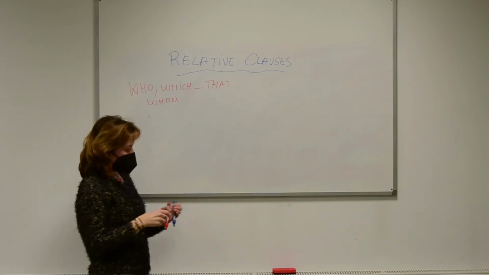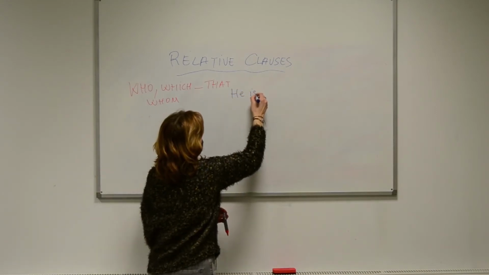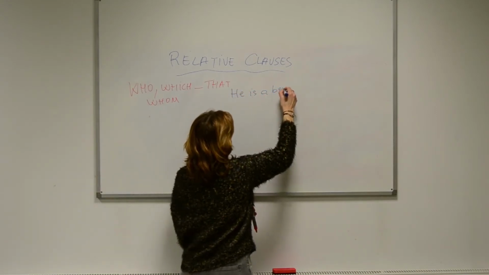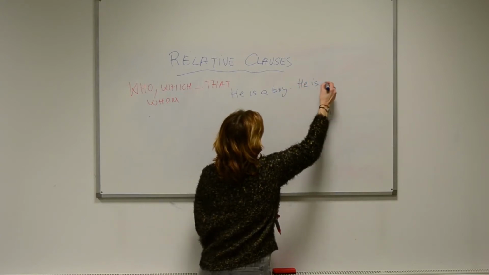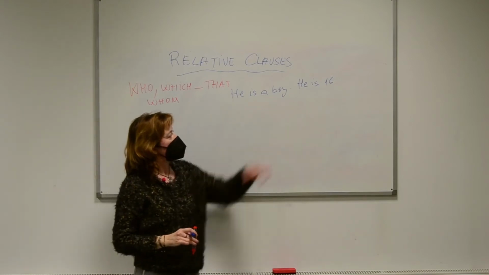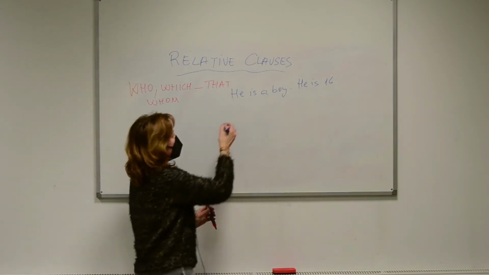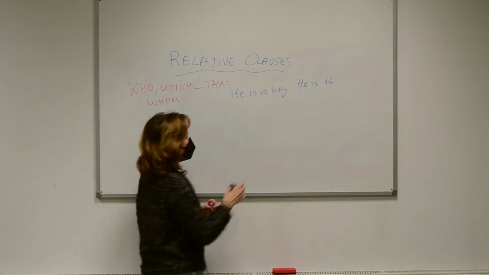For example, if we have this sentence, here we have two sentences. He is a boy, he is 16 years. We can join these two sentences with a relative pronoun.